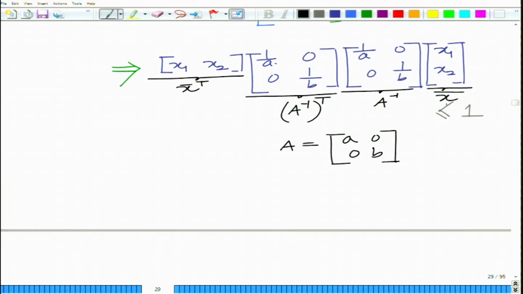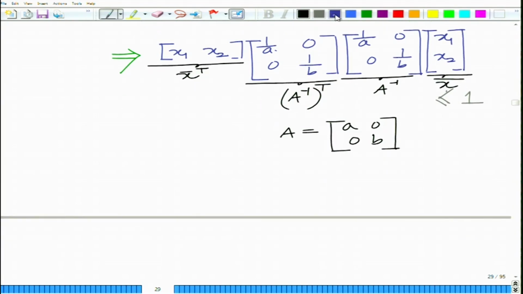So, I can simplify this as x bar transpose A inverse transpose into A inverse into x bar less than or equal to 1.